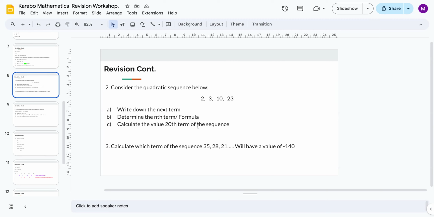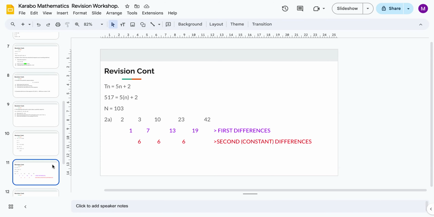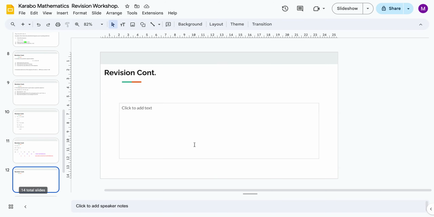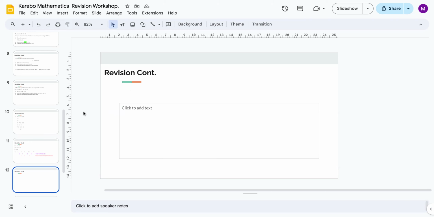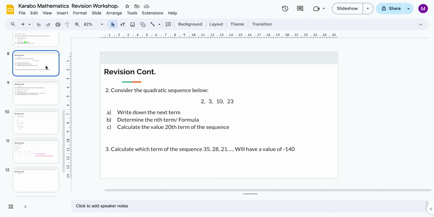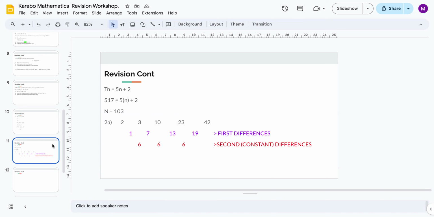Okay, B. Now determine the nth term or the formula of the sequence. Okay, so now they want the formula of this sequence over here. I will give you guys another 3 minutes to try get the formula. So we have the foundation over here, and I'll give you guys 3 minutes to try derive the nth term of this quadratic sequence.